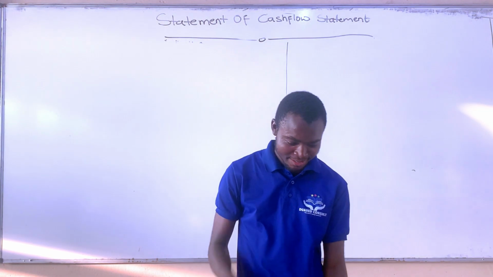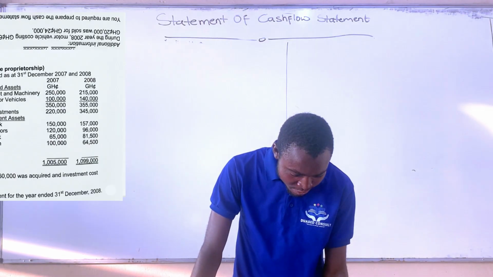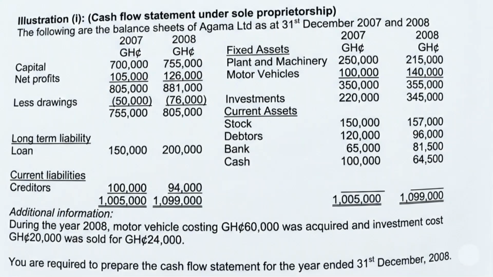And I read the question. The following are the balance sheet of Agama Limited as at 31st December 2007, 2008. So, fixed assets, plant and machinery for 2007, 250,000, and then that of 2008, 215,000.